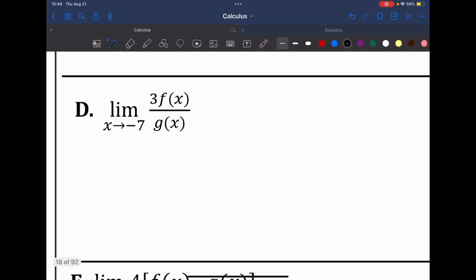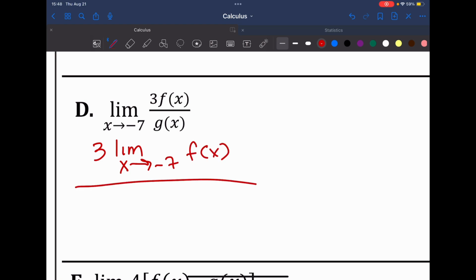For D, I see that not only do I have the quotient property, I also have the coefficient of that 3 in the numerator. So I would rewrite this as 3 limit as x approaches negative 7 of f of x divided by the limit as x approaches negative 7 of g of x.